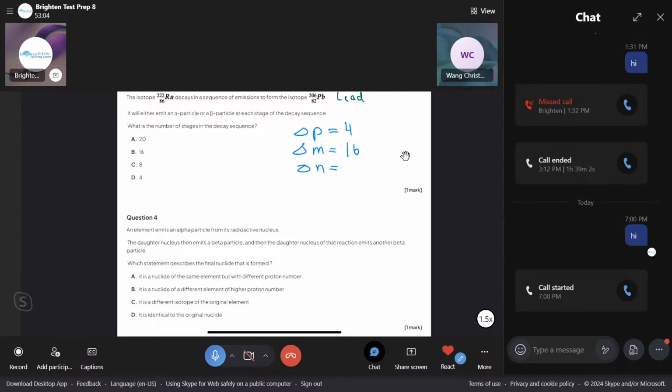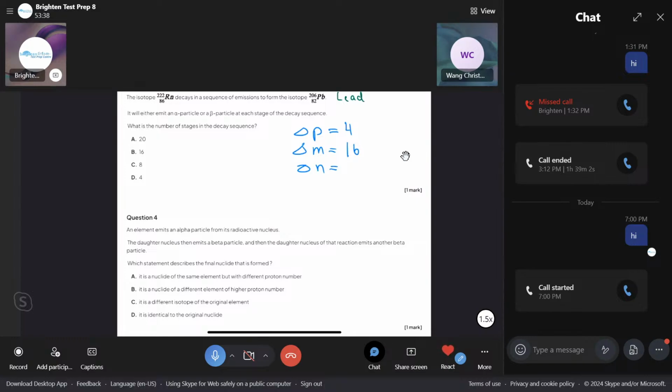I see where you're going. We don't know what we have, right? We have X and Y, but we can say that the relative mass of the one is 222 and the other one is 206. So we lose 16 grams, or in that context we can say 16 particles. On the other hand, we already know that we lost 4 protons. So what else must we have lost, and how many of those?